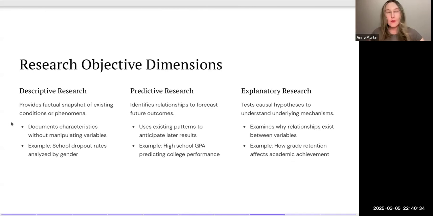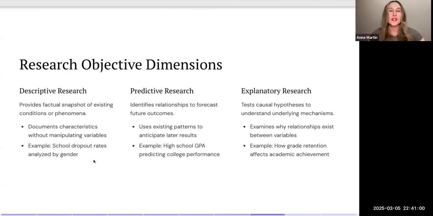So some of the language in this chapter might serve helpful for you if you are thinking about one of these designs or quantitative research in general, to think about how you could align your proposal with a research objective or purpose. So the three research purposes associated with non-experimental design are descriptive, predictive, and explanatory.